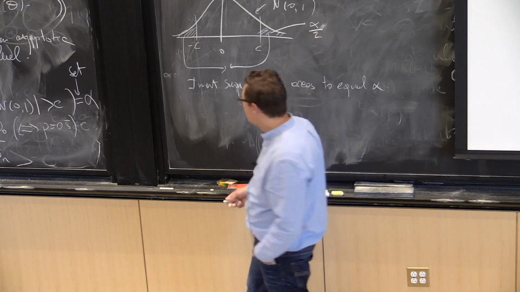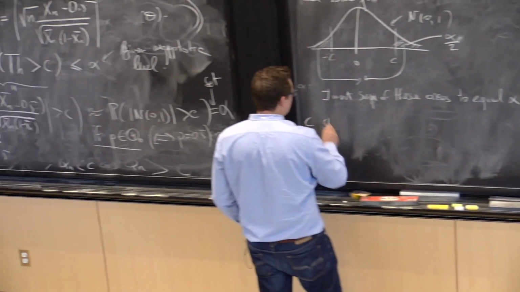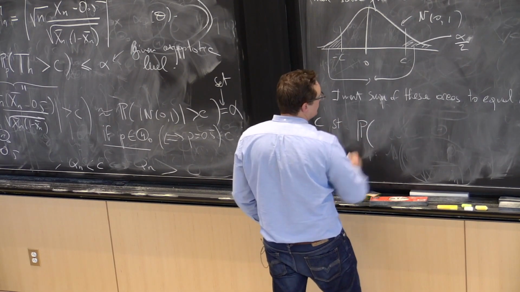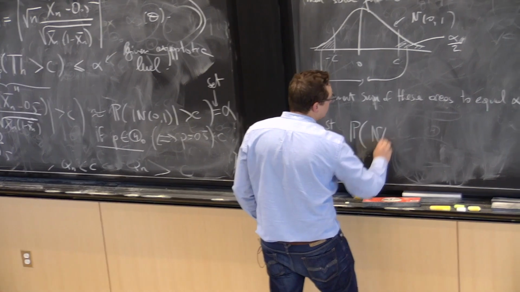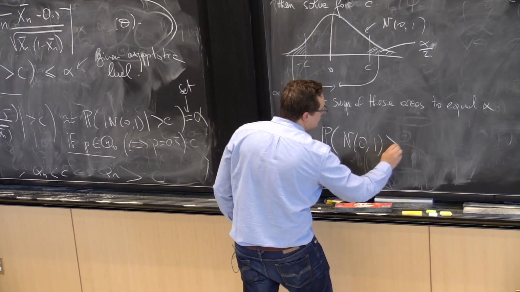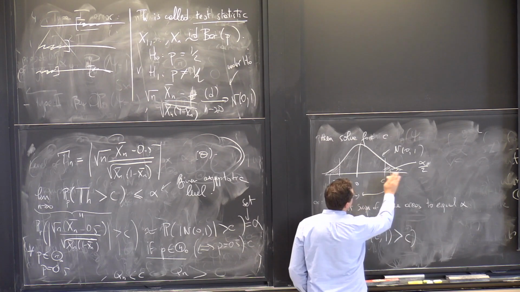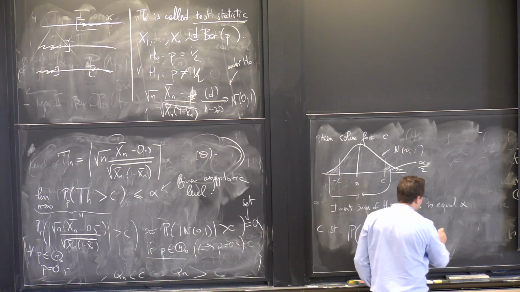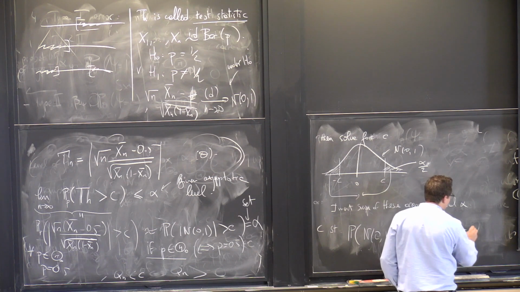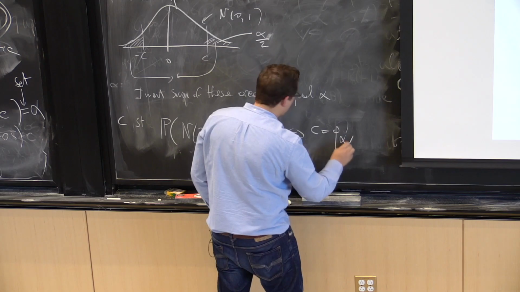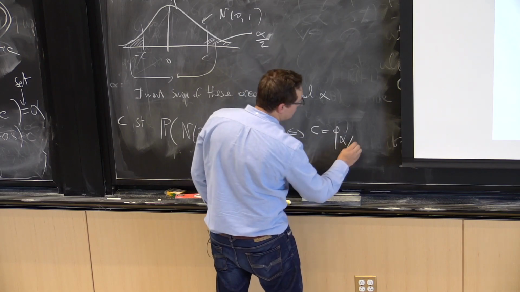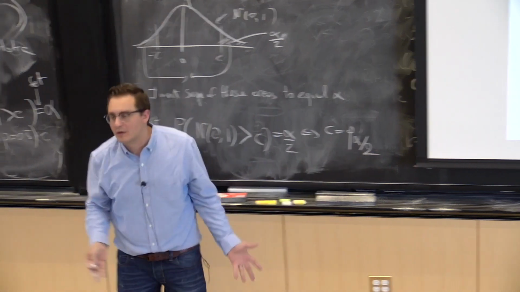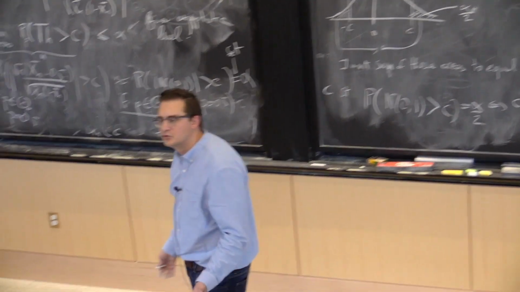And so what I'm looking for is c such that the probability that my N(0,1) exceeds c, which is just this area to the right, equals alpha over 2. That's taking c equal to q alpha over 2, by definition of q alpha over 2.